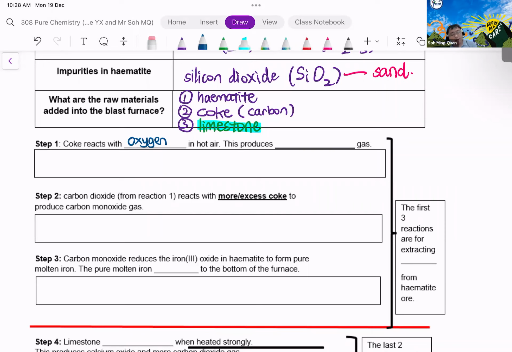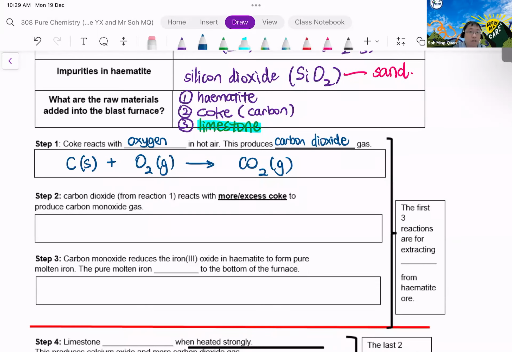This produces carbon dioxide gas. The equation is very easy to write. Coke is carbon, so it's solid carbon, C(s). C plus O2 forms CO2.